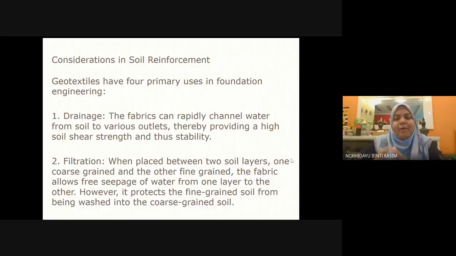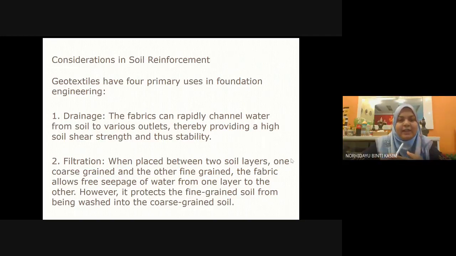There are four primary usages of geotextile in foundation engineering. First is for the drainage system. It can channel the water, and also provide high soil shear strength and stability.